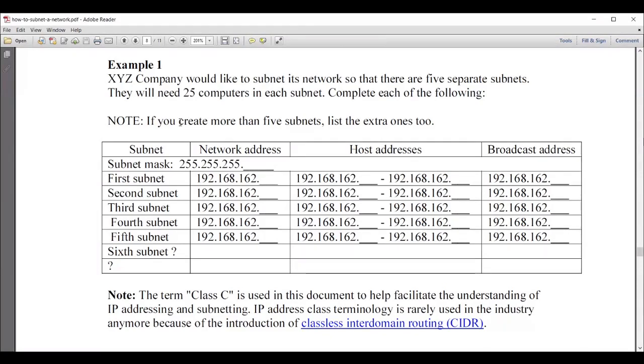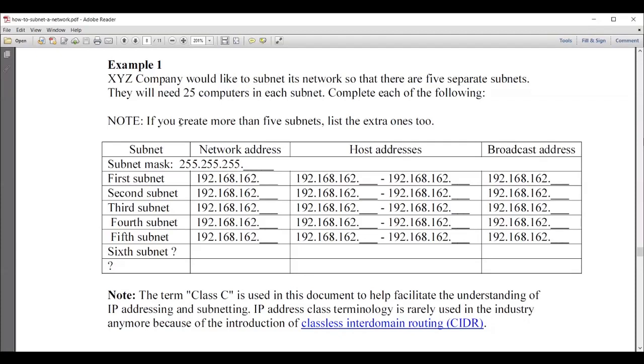According to the net mask, this belongs to class C, that is the prefix length is 24, so only 8 bits remain for the subnet as well as the host side.